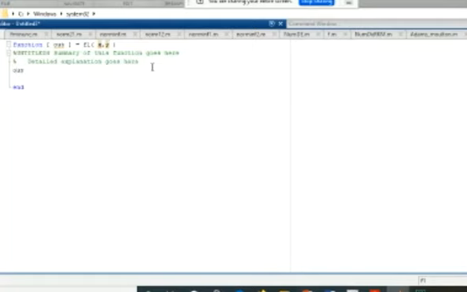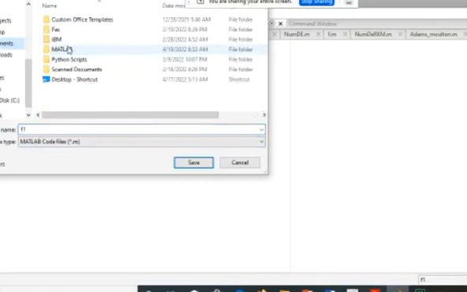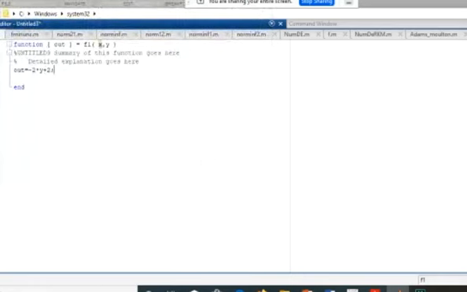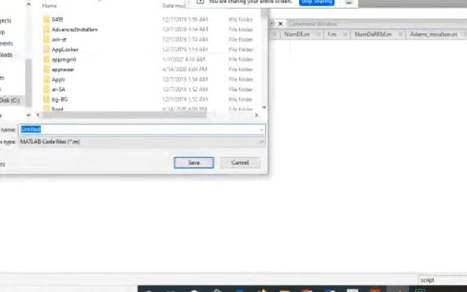We save this in the same place as the document in MATLAB, and you can see here. Let me save that in the same place to know the functions.